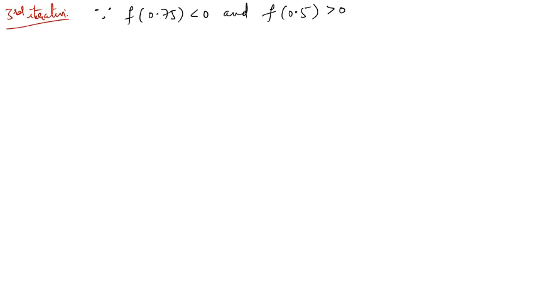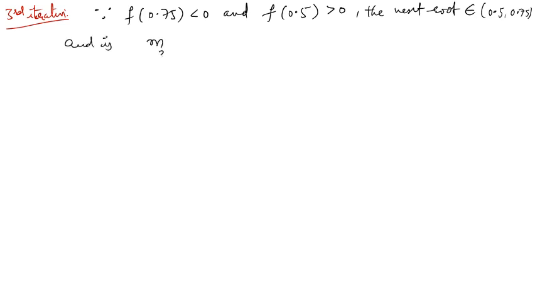So third iteration. Since f of 0.75 is negative and f of 0.5 is positive, the next root belongs to the interval 0.5 comma 0.75.